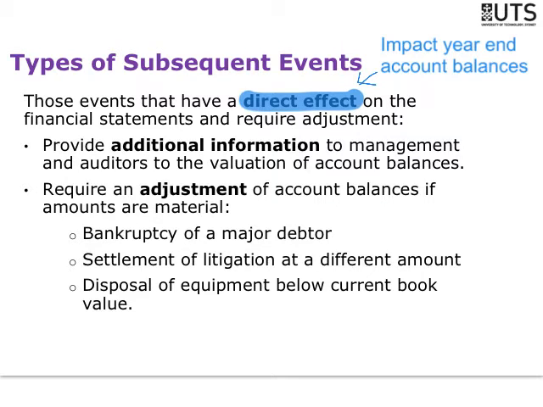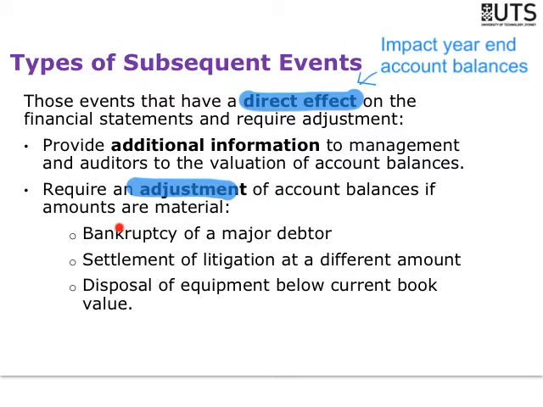Okay, so these events will require an adjustment in most cases. So think, for example, about a bankruptcy of a major debtor. At the year end, we expected to collect money from this debtor, and so this was recorded as accounts receivable.